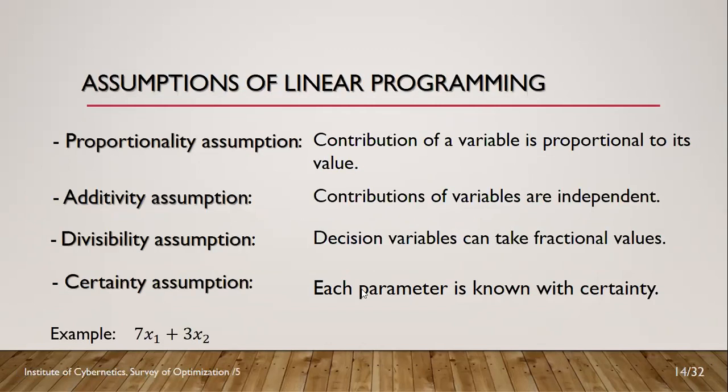These are some of the standard properties of the linear function, which we need for our linear programming assumptions. So let us see how these properties affect an LP model and which other assumptions are relevant for linear programming.